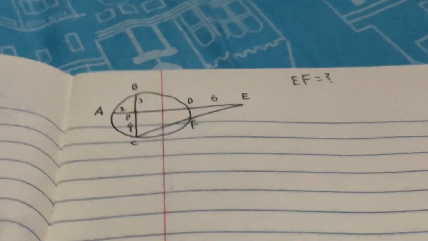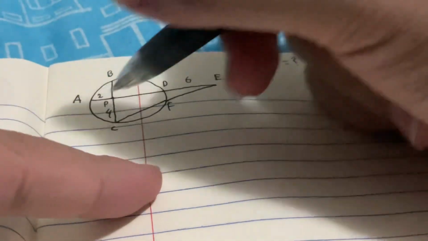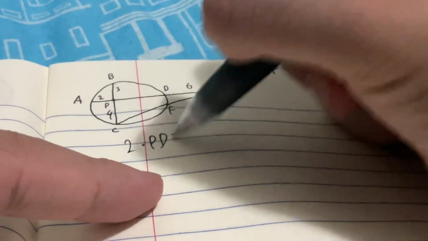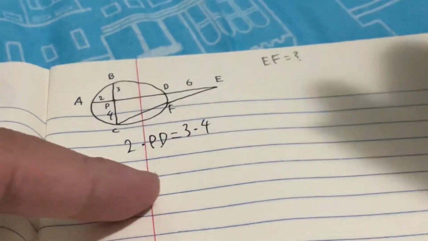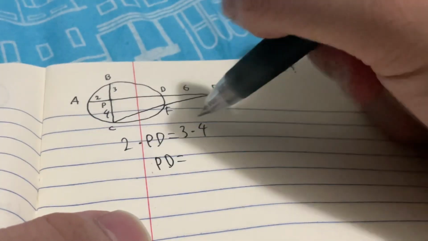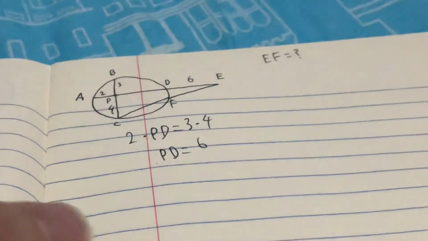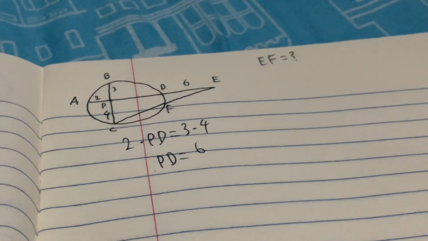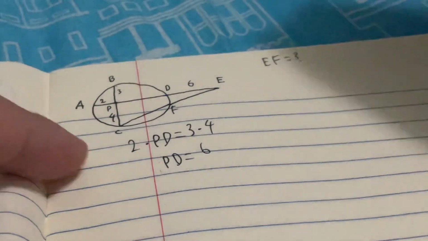So we use the intersecting chord theorem inside the circle: 2 times PD is equal to 3 times 4. 3 times 4 is 12, and then dividing by 2 on both sides, PD is equal to 12 over 2, which is 6. So we get PD equal to 6.